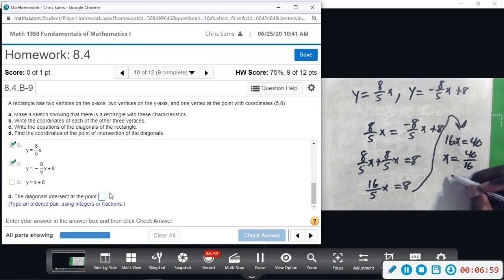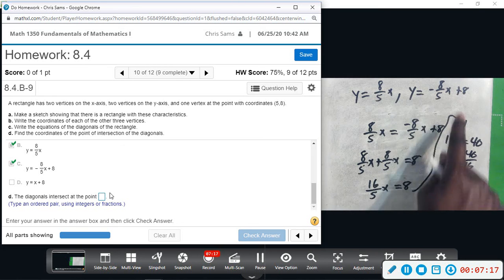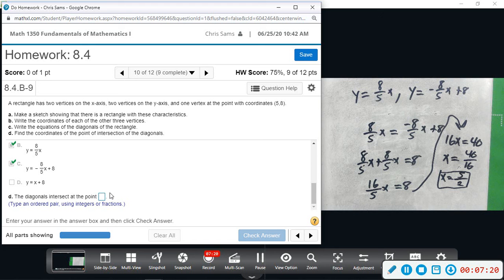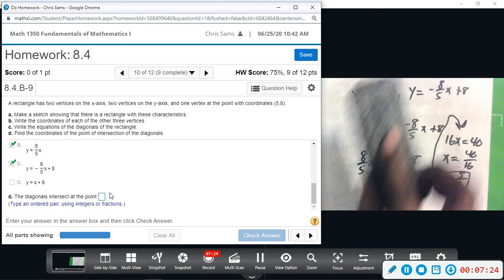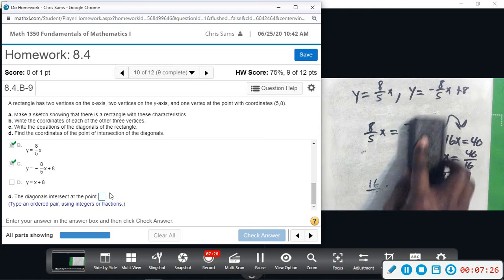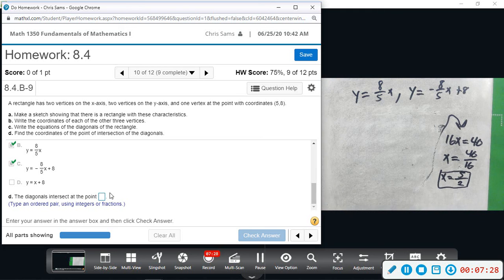That will give us x equals 5 over 2. Okay, so the x coordinate is 5 over 2, and I can take this 5 over 2 and plug it into either one, and it should come out correct. I'm going to plug it into this one. It'll be easier to solve, with less to do.